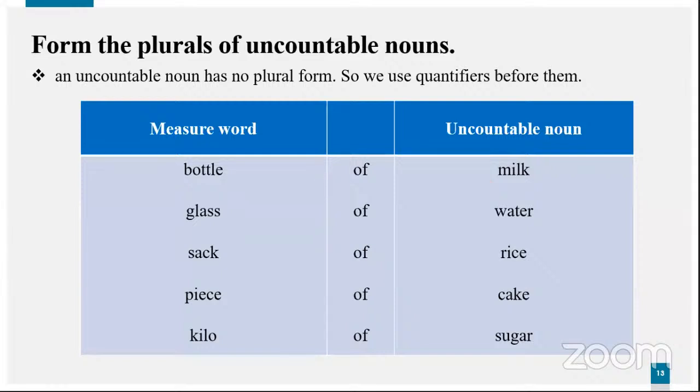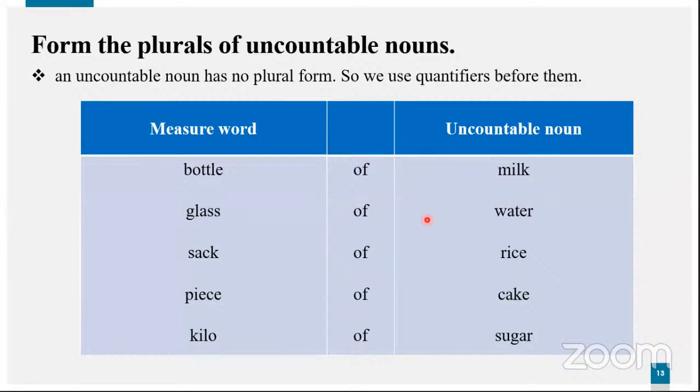There's a measure word, bottle, and we can use the preposition of and the uncountable noun, right? Bottle of milk. Next one, a glass of water, right? We can put water into a glass, right? So we can count the glasses of water, right? There are one glass of water, two glasses of water, three glasses of water, like that.